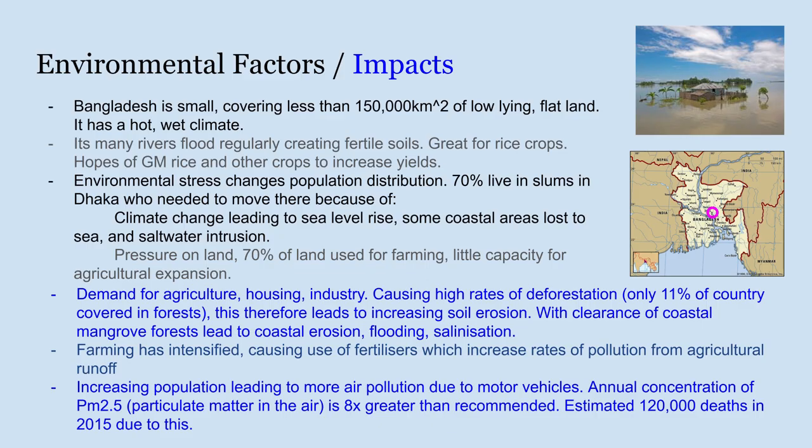Another reason why people have had to move is the pressure on land, where 70% of the land is used for farming, so there's little capacity for agricultural expansion.